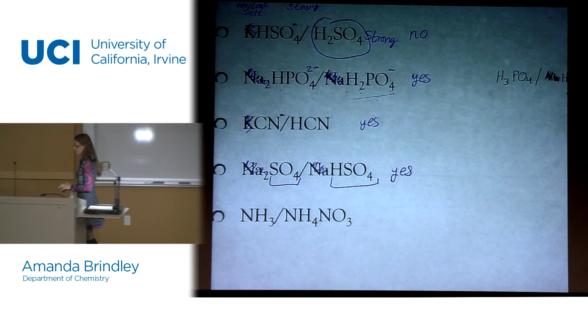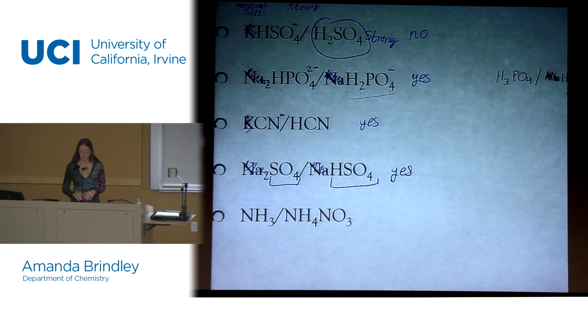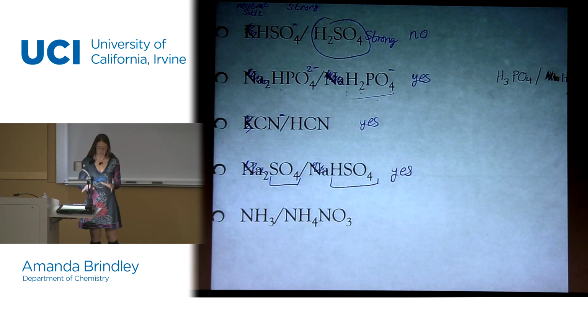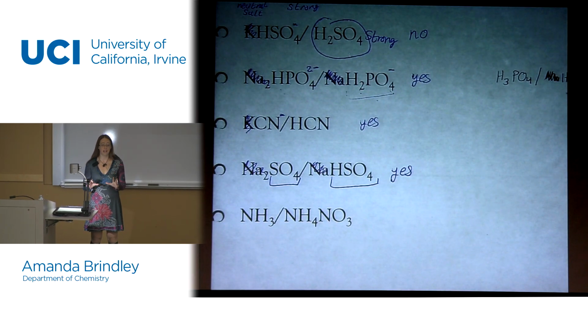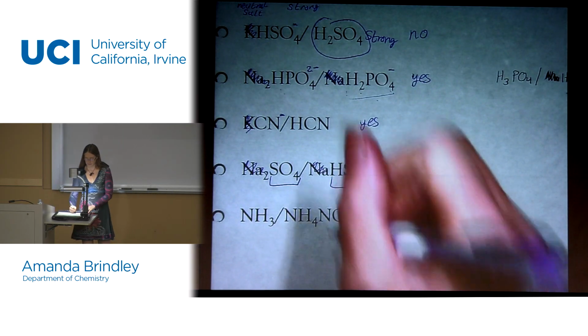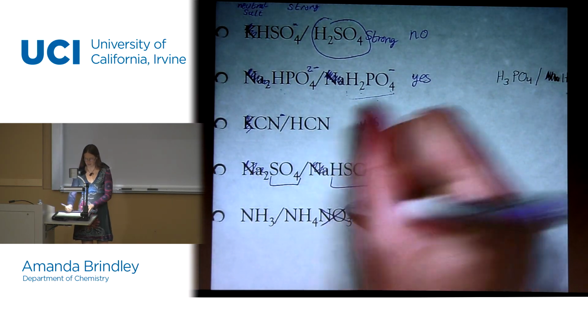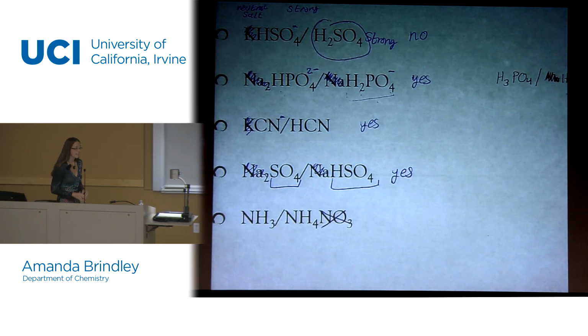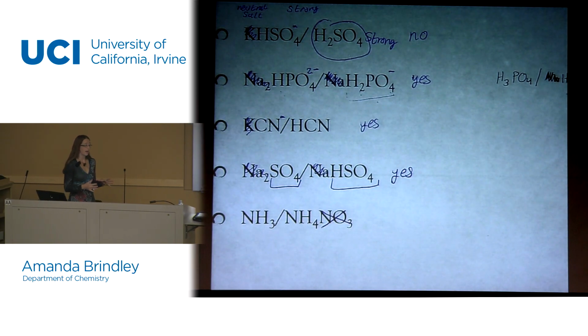And then our last one. What here is our spectator ion? That one's not quite as obvious as some of the earlier ones. This is, right? Because HNO3 is a strong acid and isn't going to react.